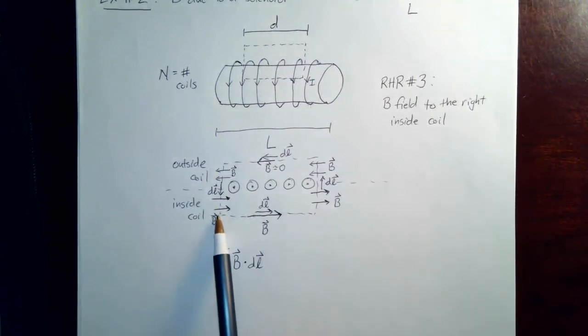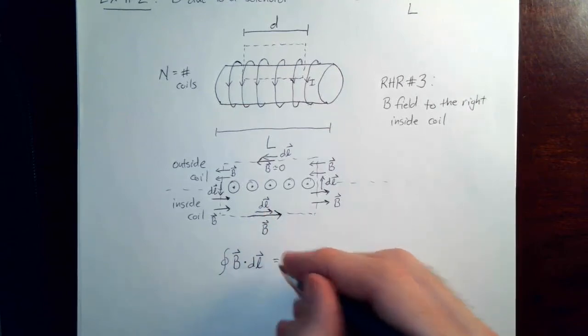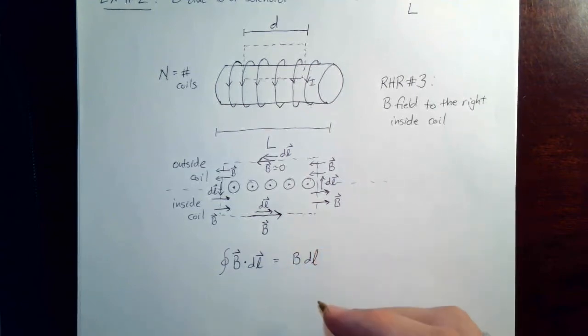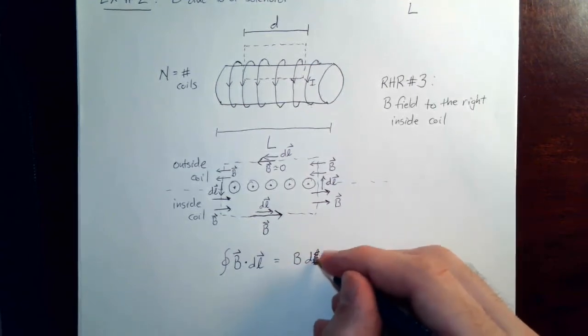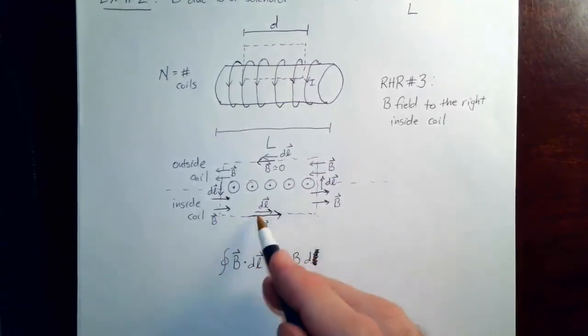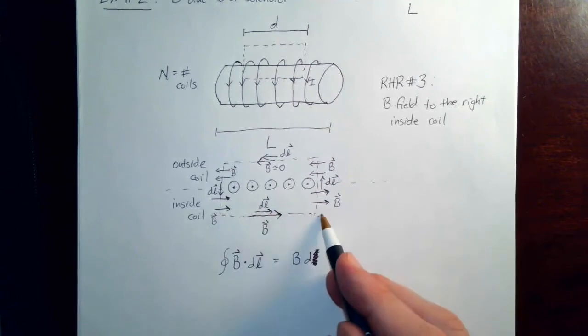So along here, B and dl are in the same direction. So theta is 0 and cosine of 0 is 1. So we're going to get B dl. I'm sorry, Bd, right? This length is d. dl is an infinitesimal one that we're integrating to get d.